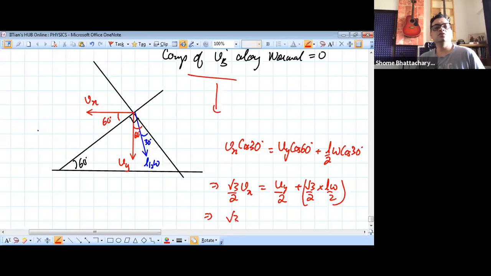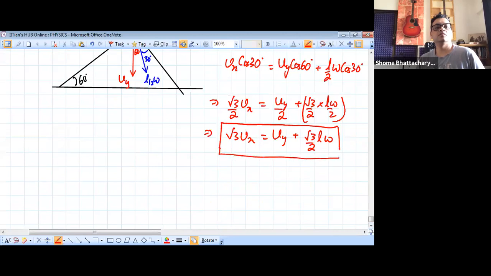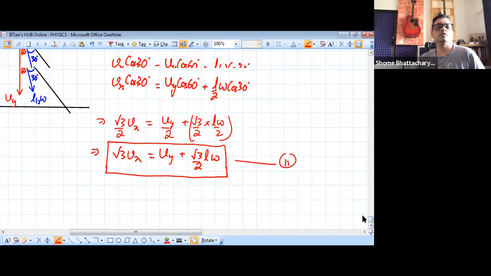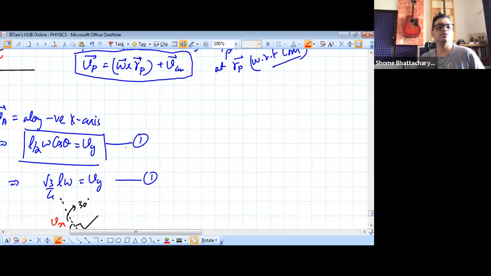This should give us root 3 times Vx is equal to Vy plus root 3 by 2 L omega. This is the next constraint, where above, our equation 1 was coming from a similar kind of constraint.